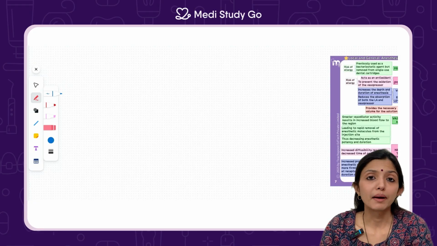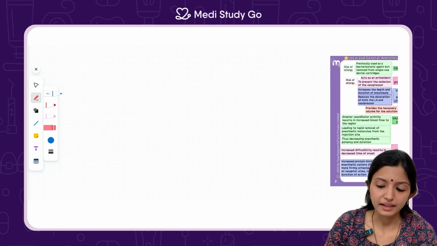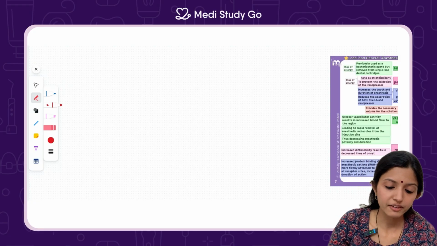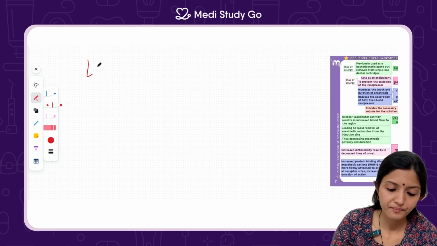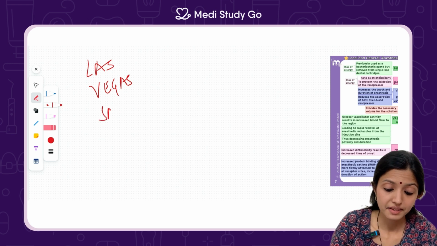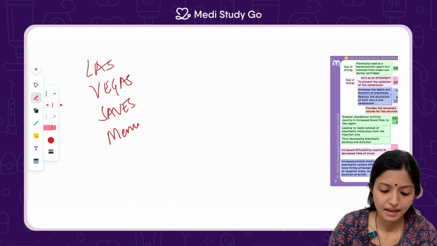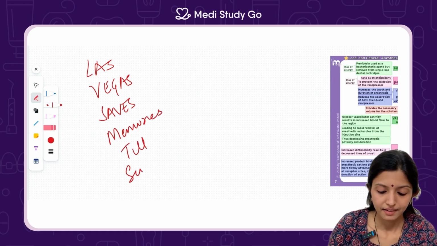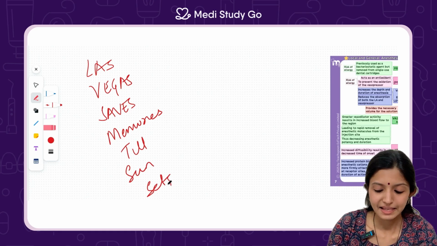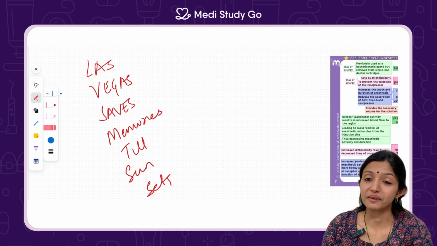To easily remember the composition of local anesthetic, we have a mnemonic for you here, which is Las Vegas saves memories till sun sets. So, I hope you all will remember this.